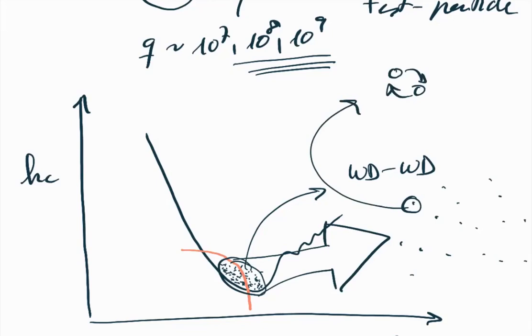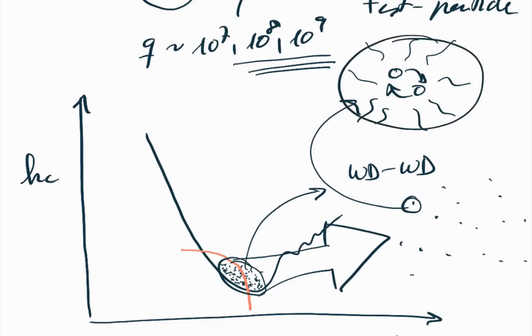But these 2 white dwarfs are so far away from each other that even though they are emitting gravitational waves all the time, it's going to take them millions and millions of years to merge. So since we are human beings and we die after 100 years, from our point of view, this system is not changing at all. This is the same thing with constellations, right?